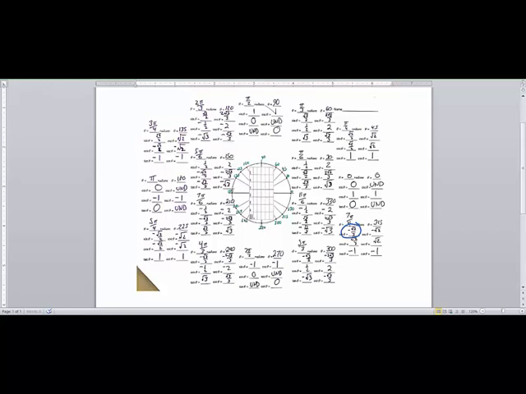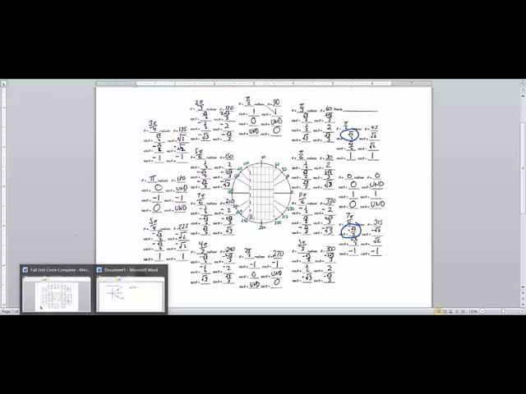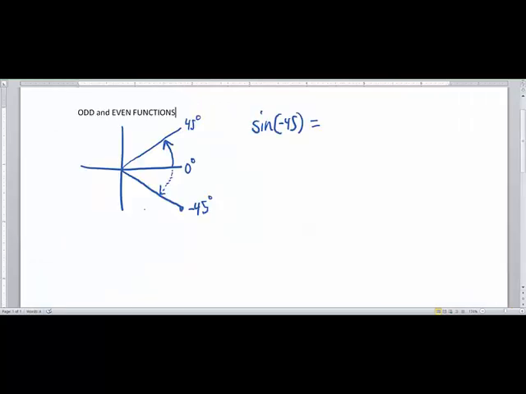This means that at 45 degrees, it's exactly the same except it's positive. So my hypothesis is that the sine of negative 45 degrees is the same thing as the negative value of the sine at the positive 45 degrees. And this actually holds true for all of the other angles for sine if we go around this unit circle.